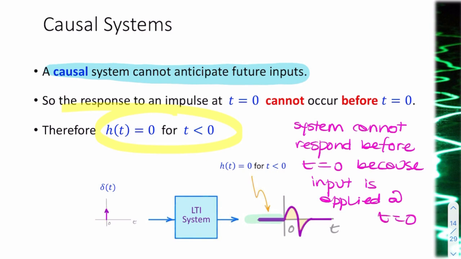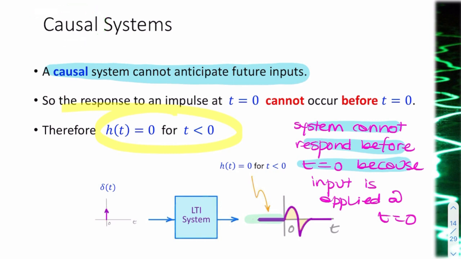What does that tell you about the impulse response? It means the impulse response has to be 0 for t less than 0. It must be 0. This cannot be anything other than 0 if the system is to be causal.